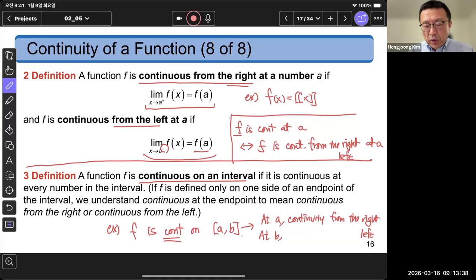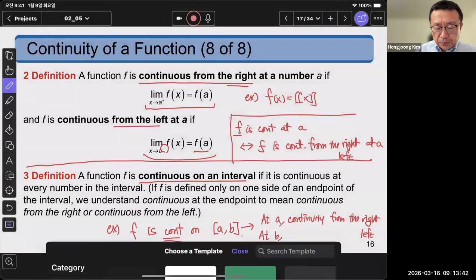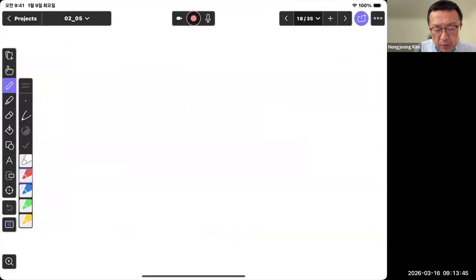Sometimes we just say f is continuous. That means f is continuous on its domain.